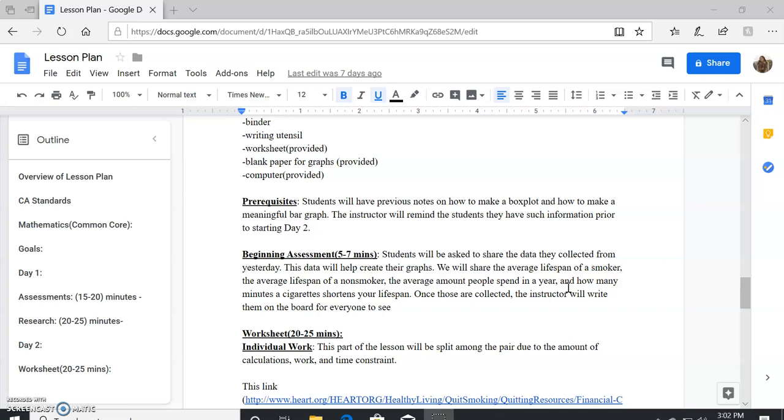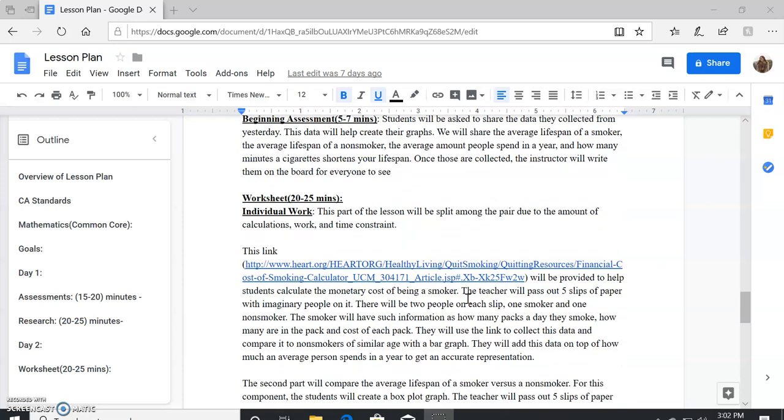We will compile all our data together and write on the board the average lifespan of a smoker, average lifespan of a non-smoker, the average amount people spend in a year, and how many minutes a cigarette shortens your lifespan. Once we have all these collected, I will write them on the board so everyone can see that. And then these will come in handy when they do their worksheet in the next step.